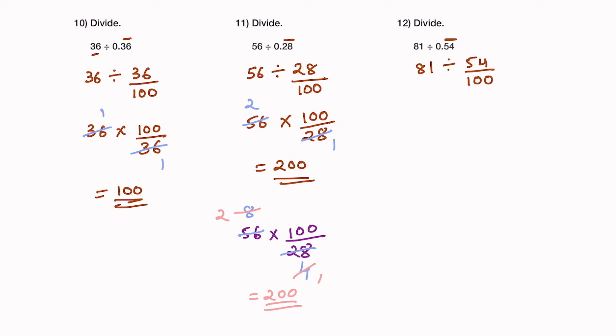Next, 81 divided by 0.54, so 54 upon two decimal places. So it's 100. We write 81 times, reverse the fraction. So that's 100 upon 54. Now 81 and 54 have common factors, right? In which times table do you have both of these numbers? It's in the times table for 9. So 9 times 6, and this is 9 times 9. And we know that still 9 and 6 have common factors, right? So that's 3 times 2, and that's 3 times 3.